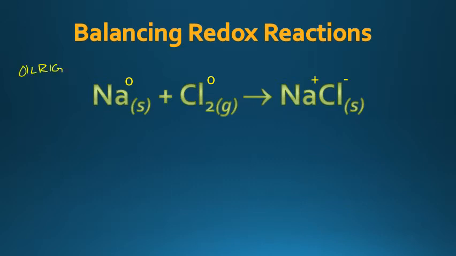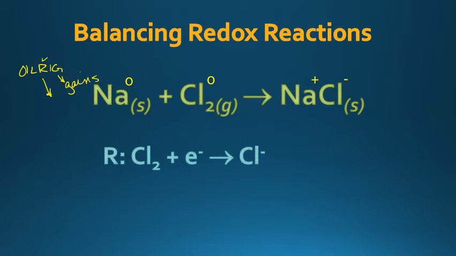And I do like to start with reduction first. So we're going to be starting with reduction by writing chlorine gains an electron. And when it gains an electron, we write that as a reactant. Oh, look, reduction and reactant have the same first letter. Well, that's helpful. So we wrote it as a reactant.